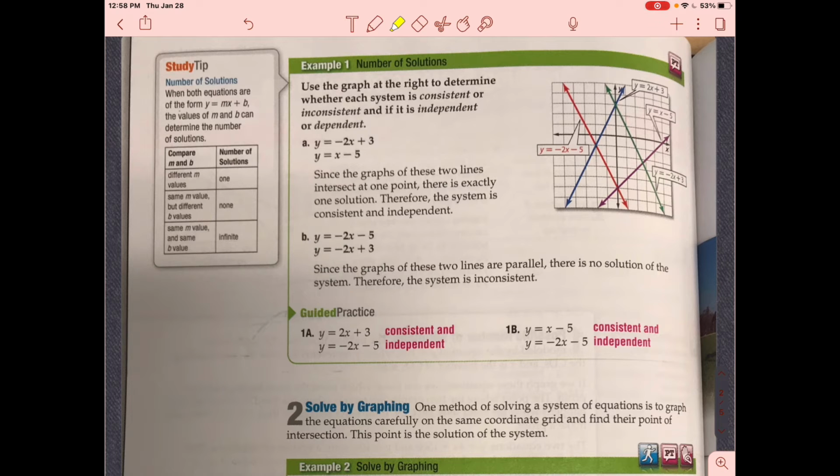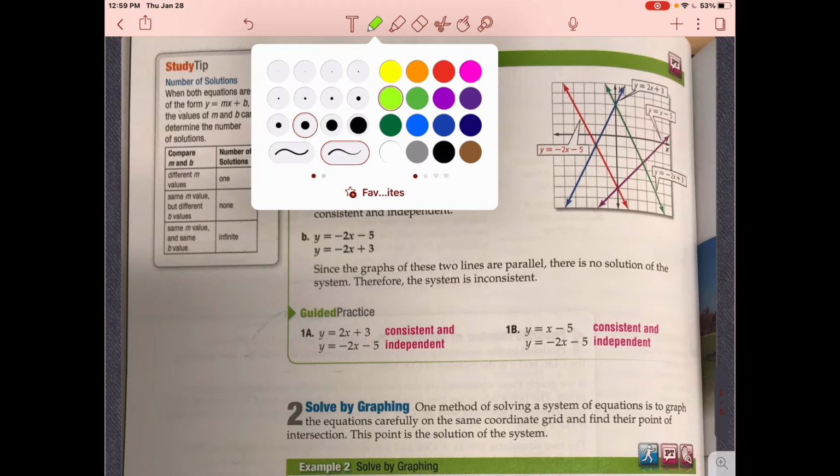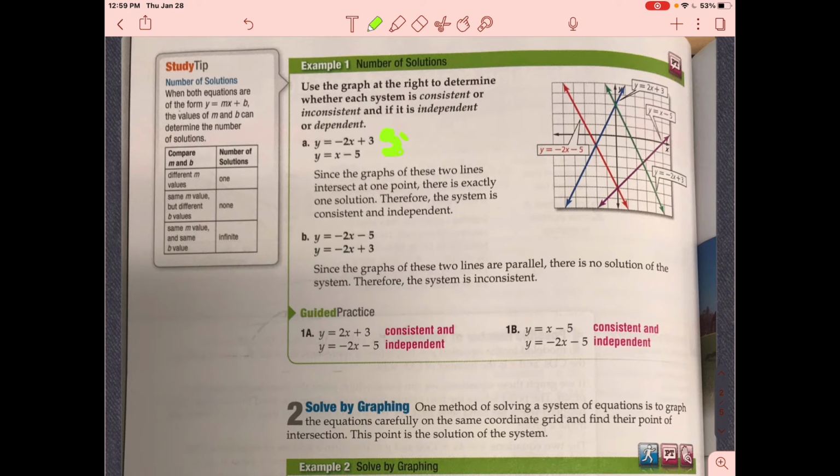Let's just look at a couple of situations that are in the textbook. In example 1, it says, use the graph to the right to determine whether the system is consistent or inconsistent, independent or dependent. So let's make notes of what color we're looking at here. Y equals negative 2x plus 3 is green. So we're looking at the green line.